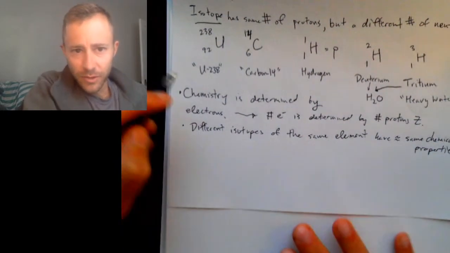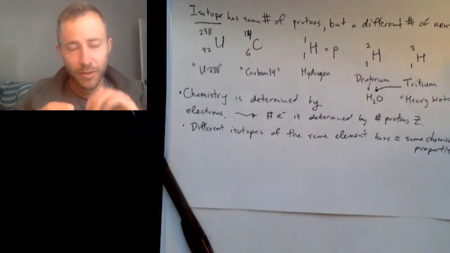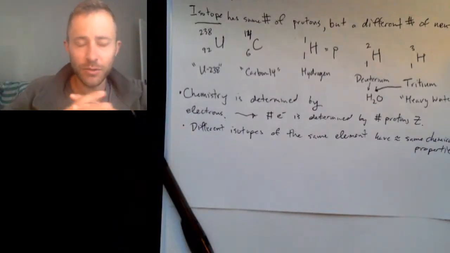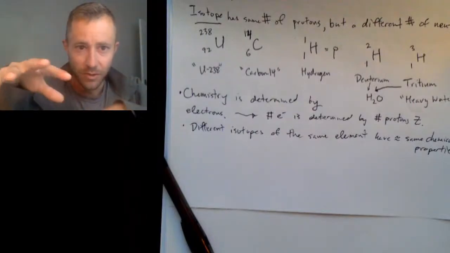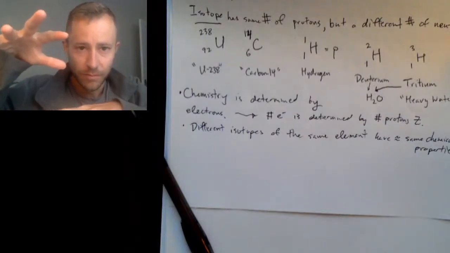The presence of those extra neutrons, or not enough neutrons, actually changes the energy levels of the electrons ever so slightly, okay?